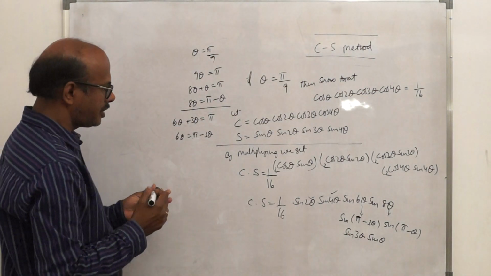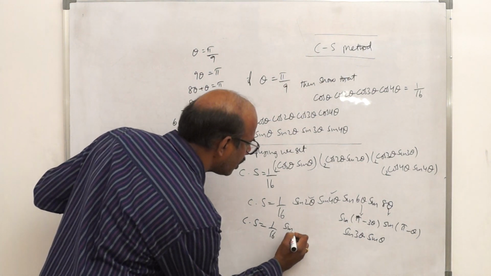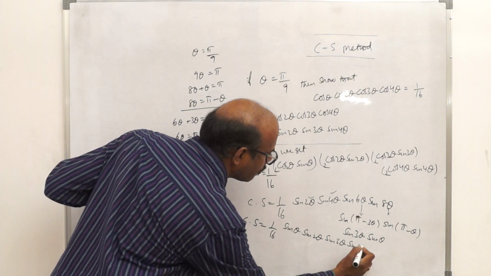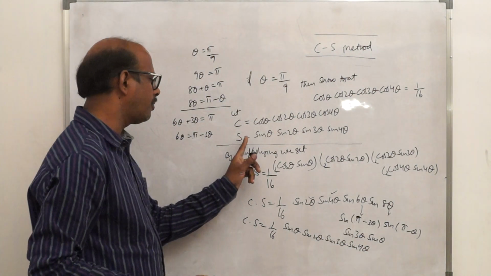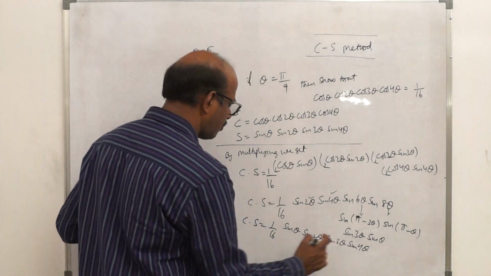Means C into S is 1 by 16 times sin theta, sin 2 theta, sin 3 theta, sin 4 theta. Already in the previous step we considered S as sin theta, sin 2 theta, sin 3 theta, sin 4 theta.